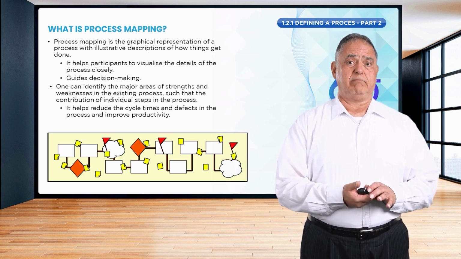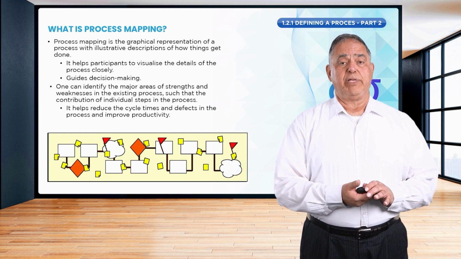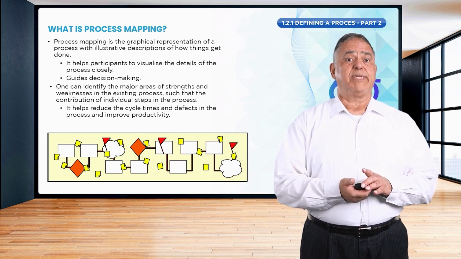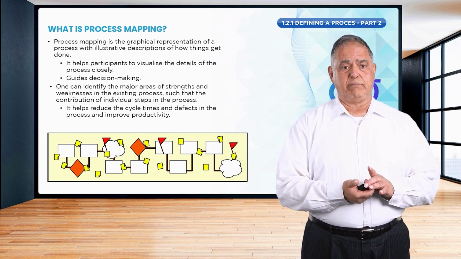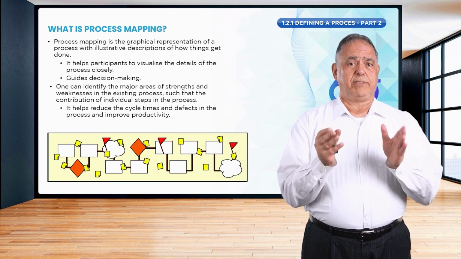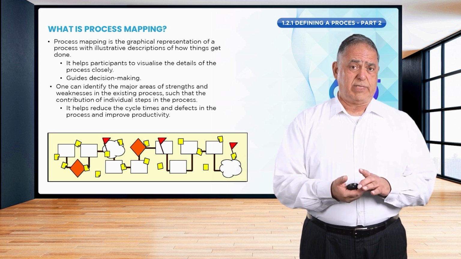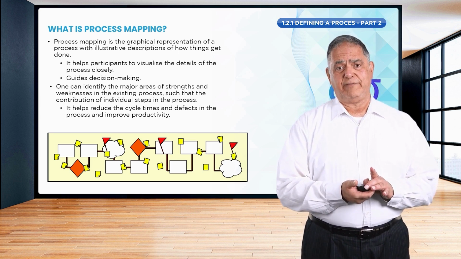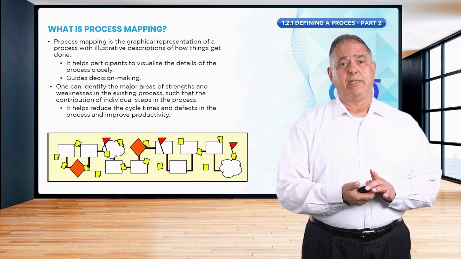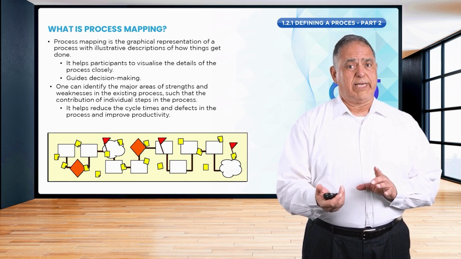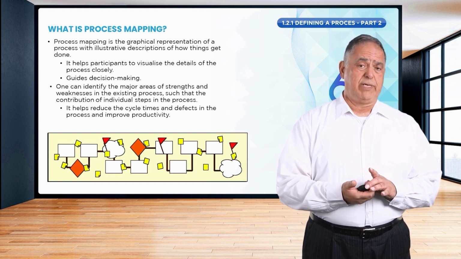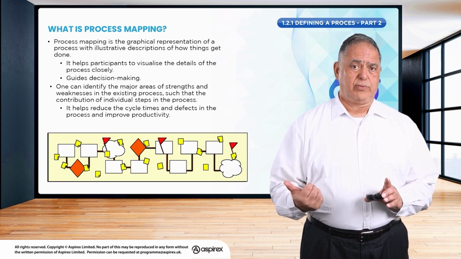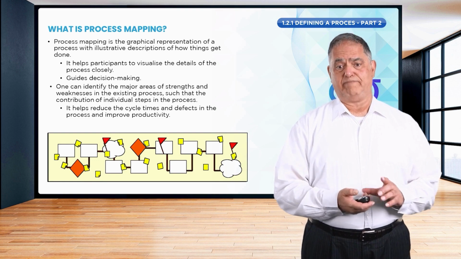Process mapping definitely helps us reduce the lead time, which is the end-to-end process time, and cycle times within the process, where cycle time is how long it takes for a task, for example, to be completed. It also helps us identify defects, collect data, analyze the data, find root causes creating the defects, and either eliminate the root causes or at least reduce them.